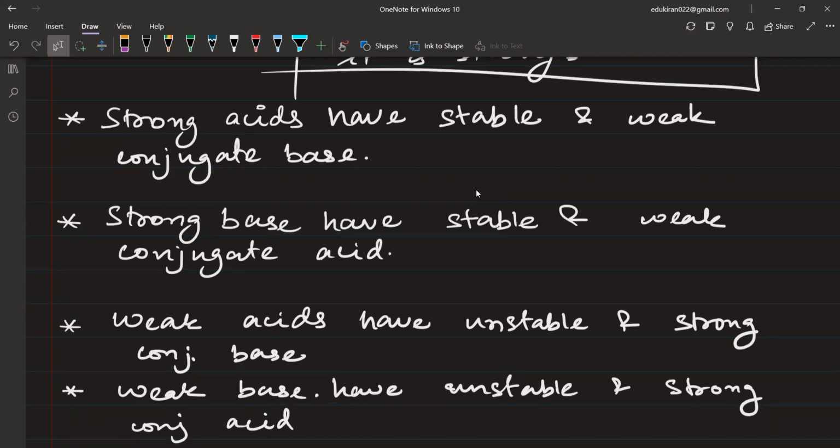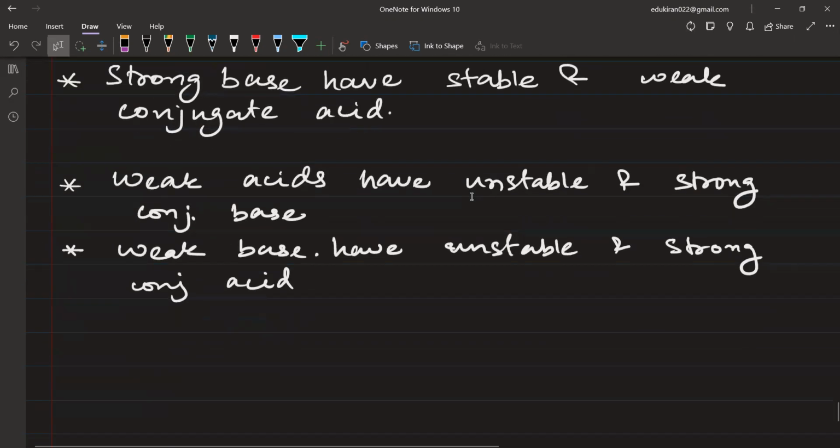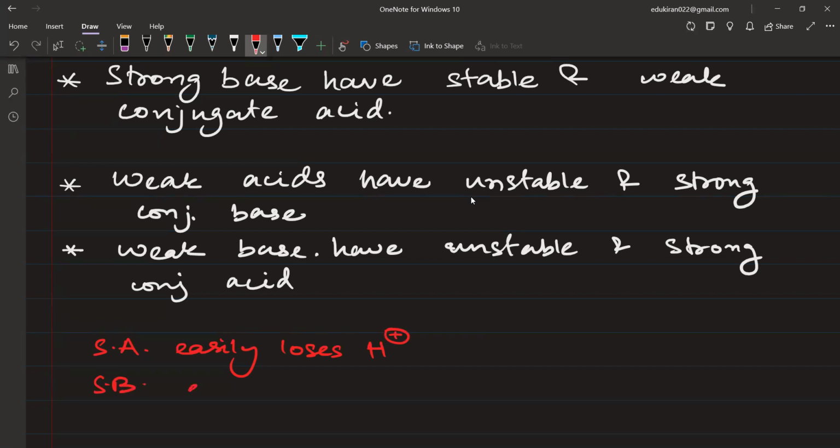Okay, write down the statements. What is a strong acid? Easily loses H plus. Strong base easily gains H plus. Okay, that is enough.